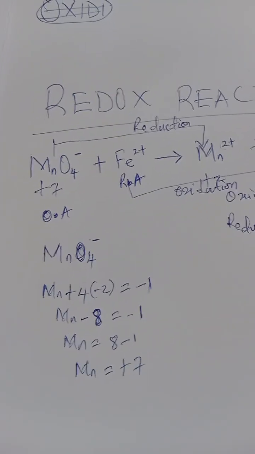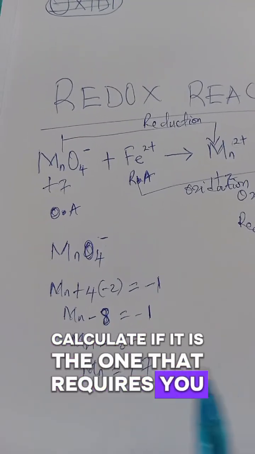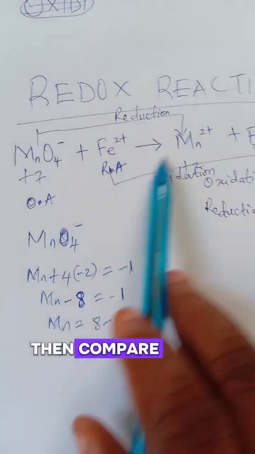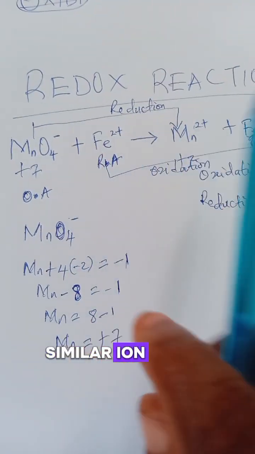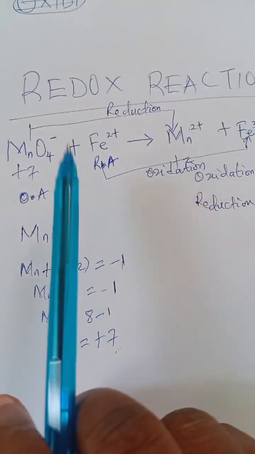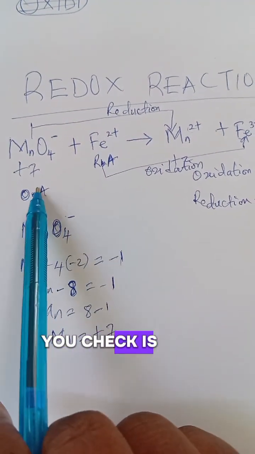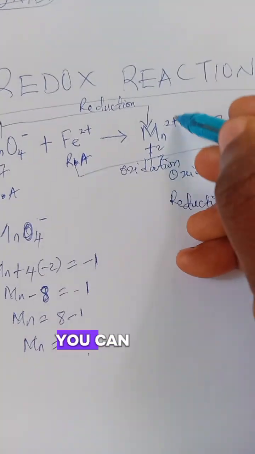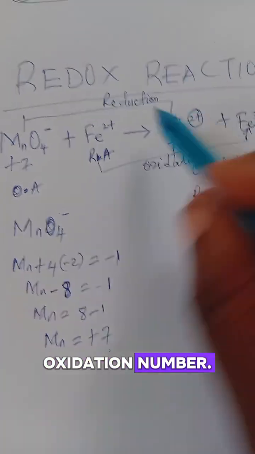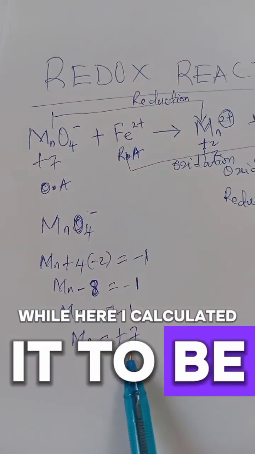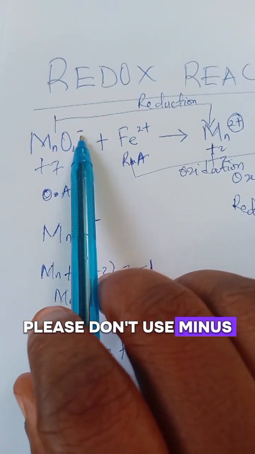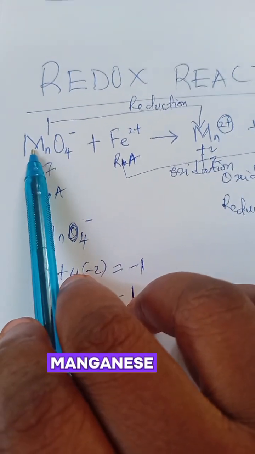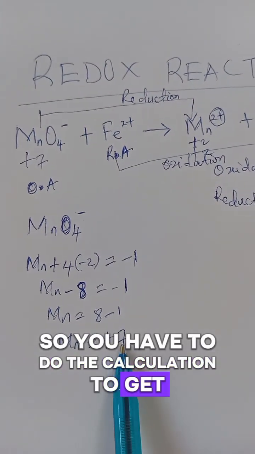First of all, calculate the oxidation number, if it is the one that requires you to calculate it, just like I did. You calculate it first and then compare it with the similar ion on the right hand side. Having done that, you check if the oxidation number is increasing or decreasing. Here it is +2. You can see the charge on top is the oxidation number, while here I calculated it to be +7. Please don't use -1 as the oxidation number. No, -1 is not the oxidation number of manganese here, so you have to do the calculation to get +7.